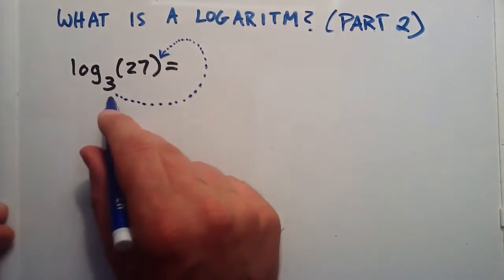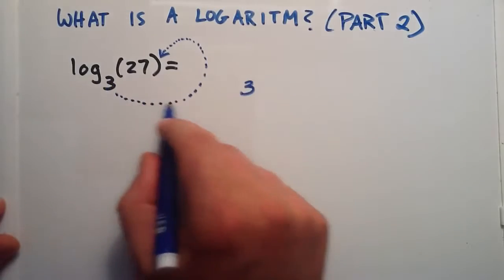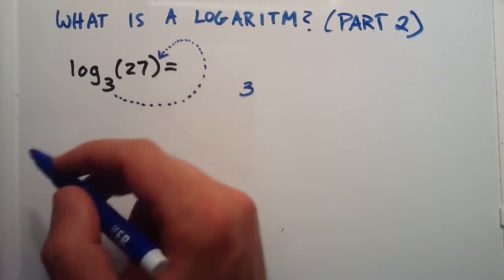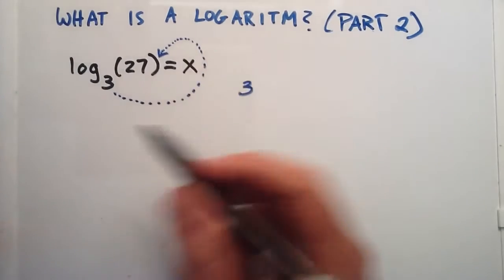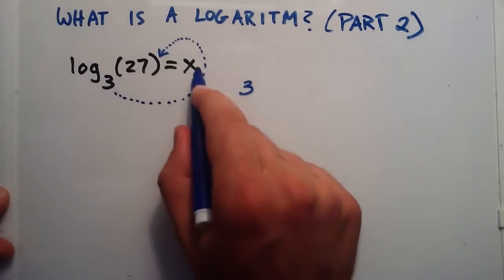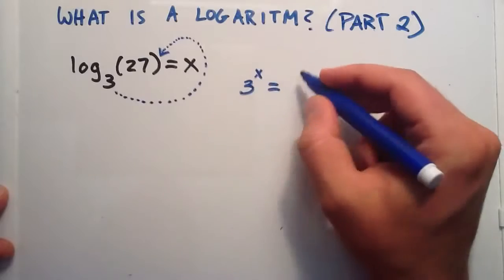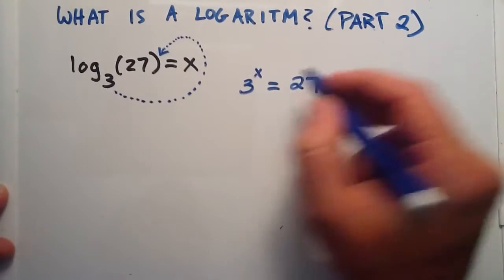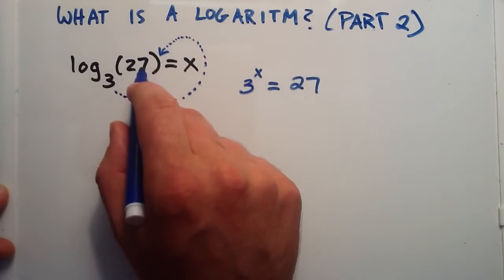And what this means is you take the base and raise it to some power. We'll just call this x for now, since we don't know what it is. So the base raised to the x power is equal to 27. So what is x? 3 raised to some power equals 27.